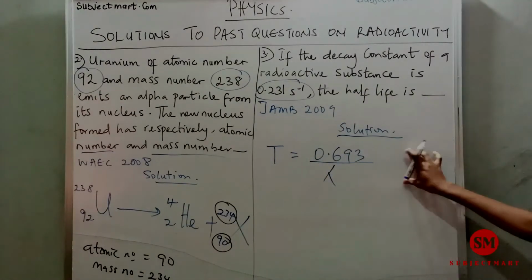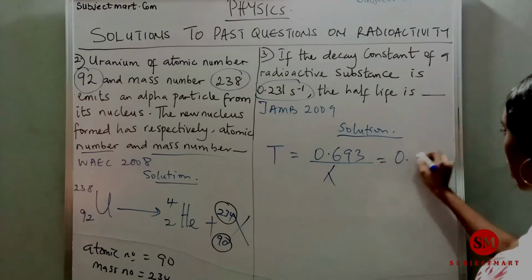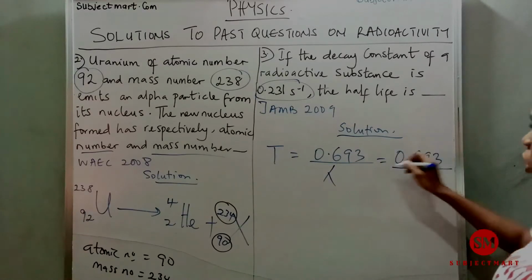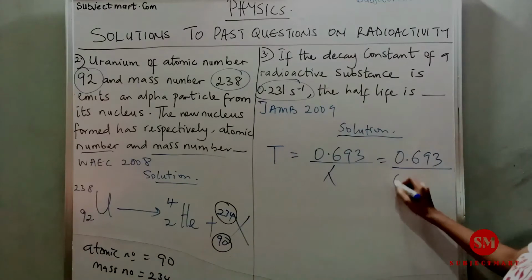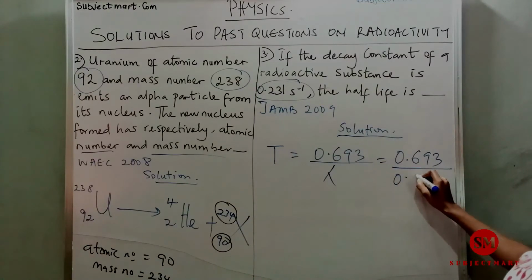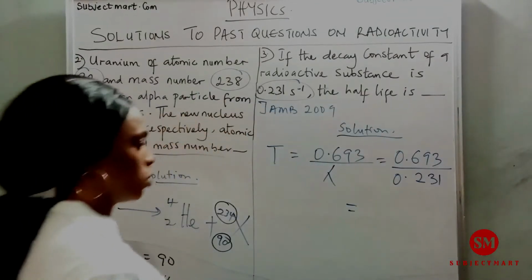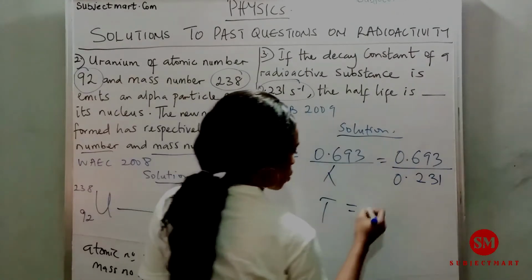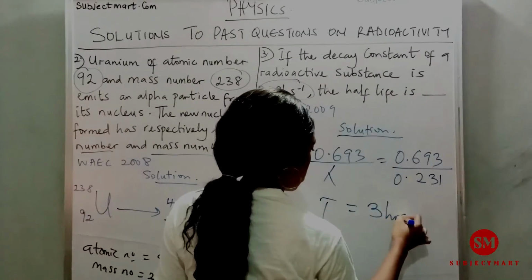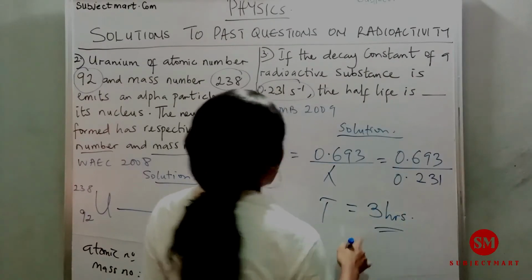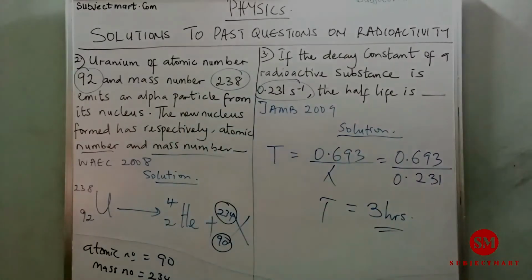So this is the formula connecting them. So we go ahead and write this. Our decay constant is 0.231. So therefore, our T is equal to 3. So the half-life here is 3 seconds.